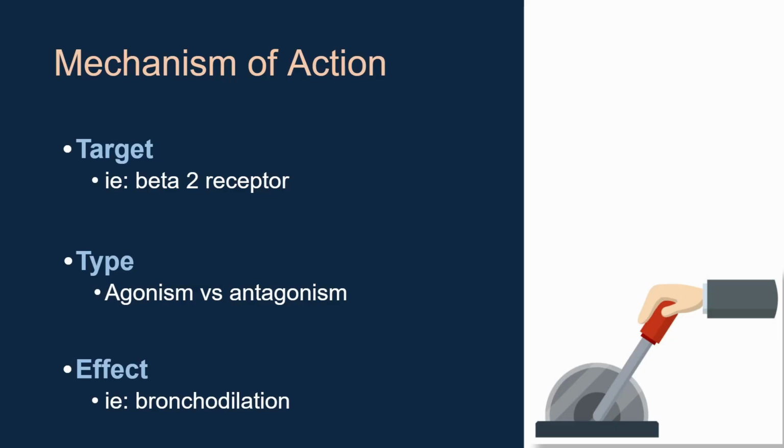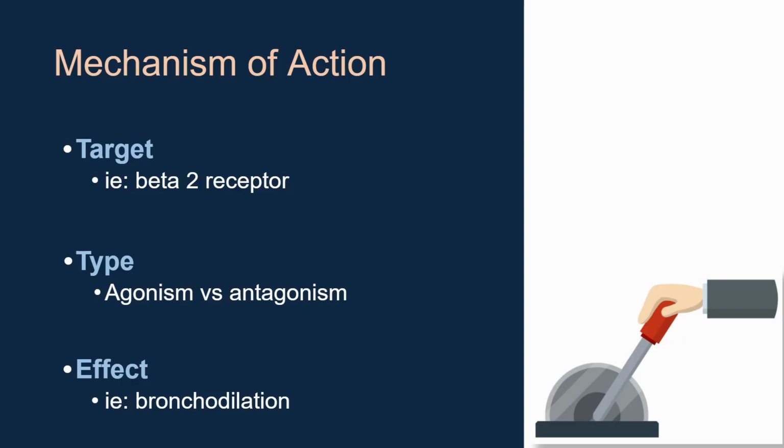So yes, it will attach to beta 2 receptors causing vasodilation, but that's predominantly in the skeletal muscles, whereas the alpha 1 receptor is on the smooth muscles like your vasculature, and giving epi has a far more profound effect on the peripheral vasculature than it does in the skeletal muscles and stuff.